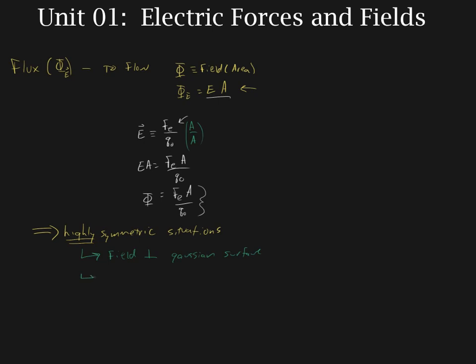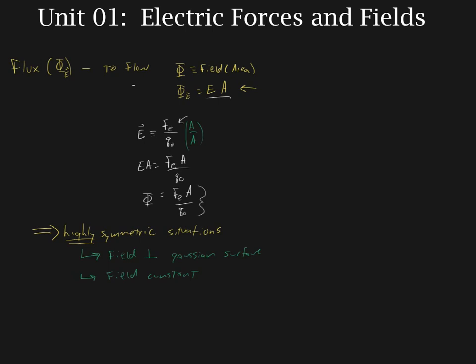The other thing that means is that the field is constant everywhere across the Gaussian surface at the particular distance from our source that we're considering. Okay, so the idea of flux, there's a couple of important things we have to look at here. The idea of flux is E times A, and we're basically saying that this is the amount of field which is enclosed by an area.